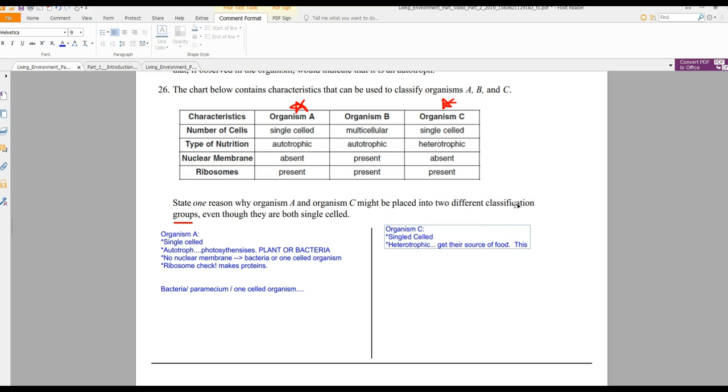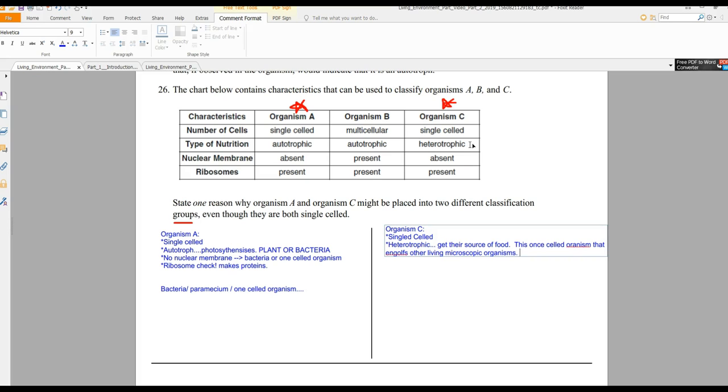So this is probably an amoeba, or just a one-celled organism that engulfs other living microscopic organisms, because if it's heterotrophic, that means it gets its food. It's eating other organisms. We're heterotrophs. Dogs are heterotrophs, cats are heterotrophs, fish are heterotrophs. We don't photosynthesize. We get our food by eating other organisms.